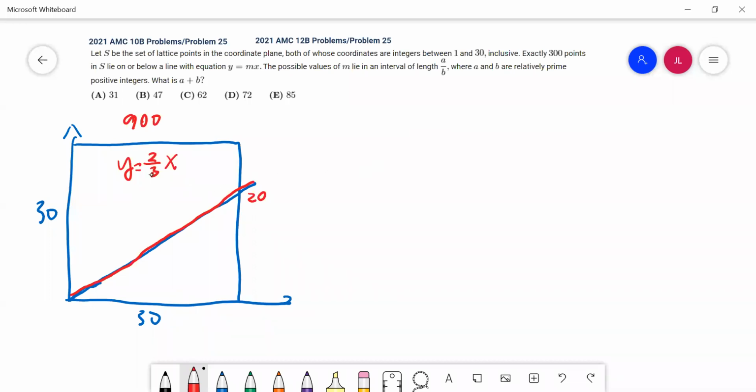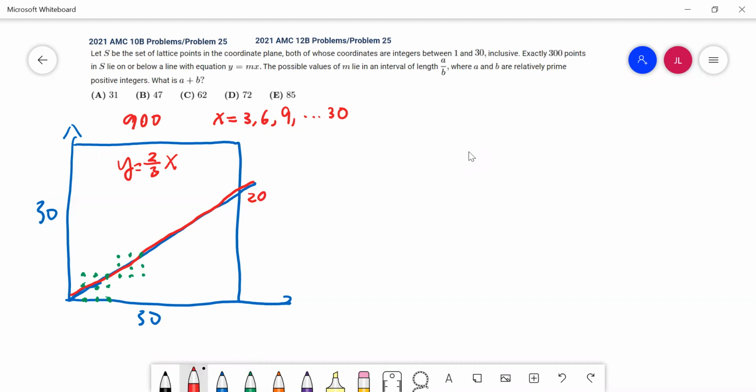Since the slope is 2/3, the denominator is 3. So that means when x equals a multiple of 3, let's go through the lattice points. This line must pass through x equals 3, 6, 9, all the way to 30. Okay, let's draw the first few points out.